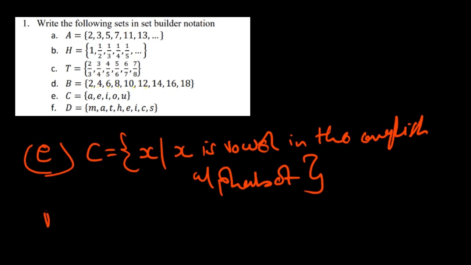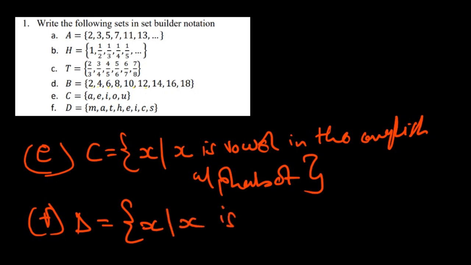And then the set F, we see that those letters are just from the word mathematics. So we're going to say set D is a set of all x's such that x is a letter in the word mathematics.